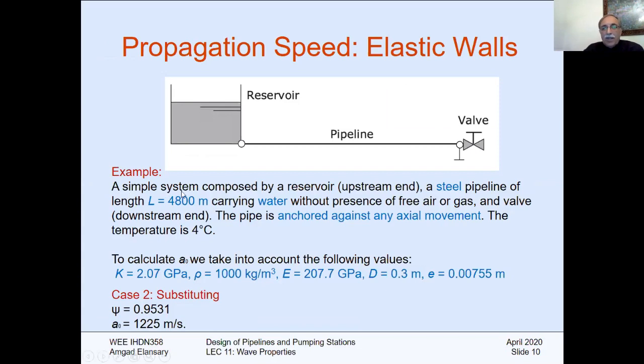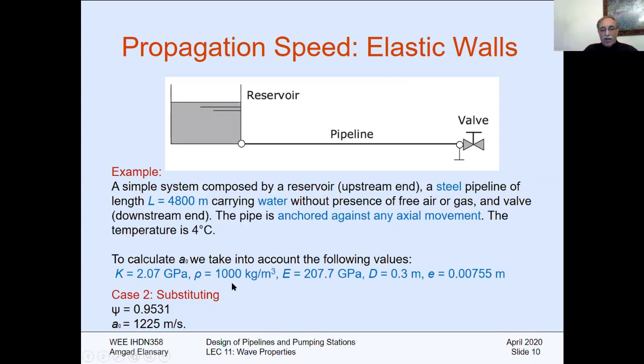Example A: a simple system composed of a reservoir at the upstream end, a steel pipeline of length L equal to 4,800 meters, carrying water without the presence of free air or gas. The valve is at the downstream end. The pipe is anchored against any axial movement. This is case number 2, as we mentioned. The temperature is 4 degrees centigrade. So we have K, the bulk modulus, 2.07 gigapascal.